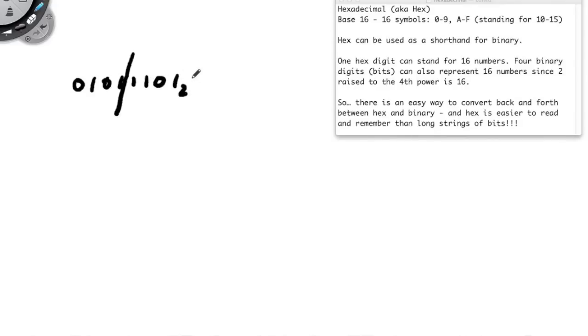This is base 2, and I'm asking what this is in base 16. The way you do it is take this group of 4 bits and turn that into 1 hex digit, since 4 bits equals 1 hex digit. This 4 bits, that's the 1s, 2s, 4s, and 8s. That's 4 plus 1, that's a 5.